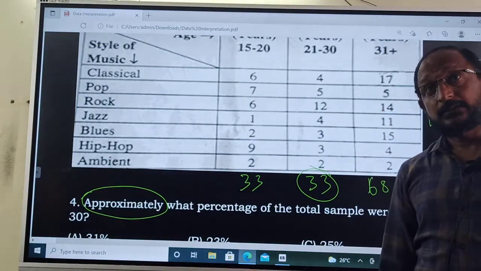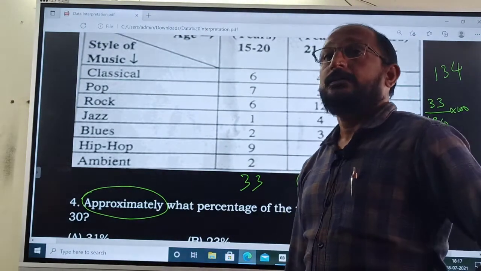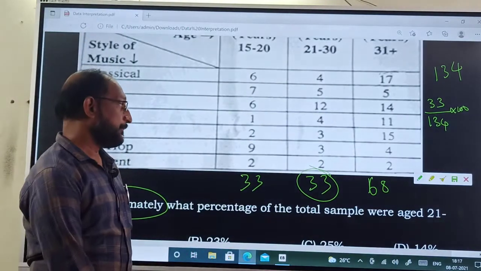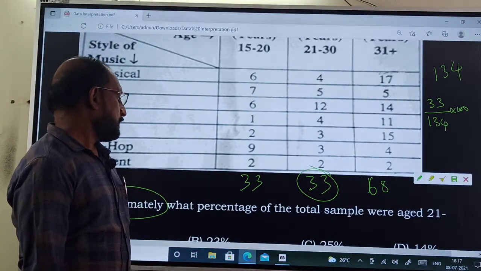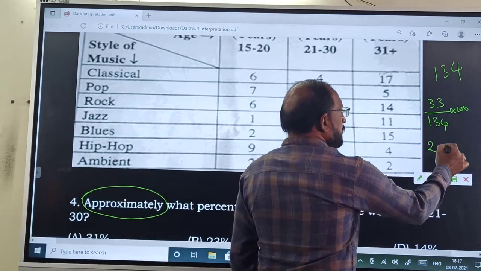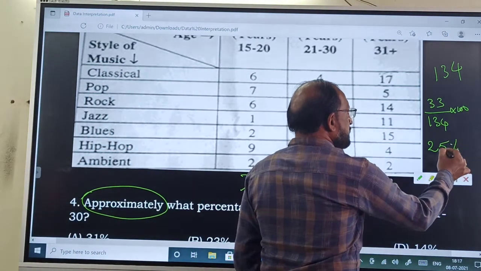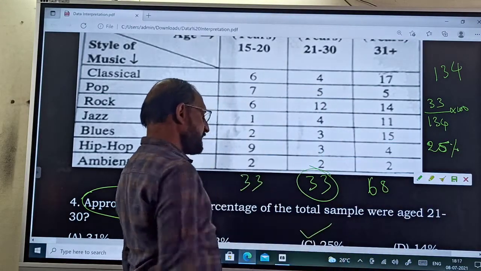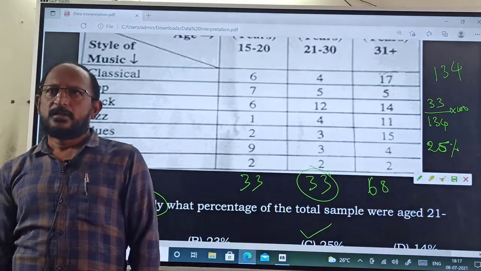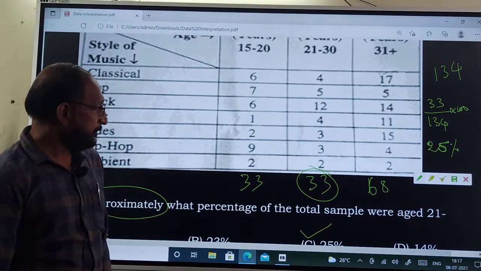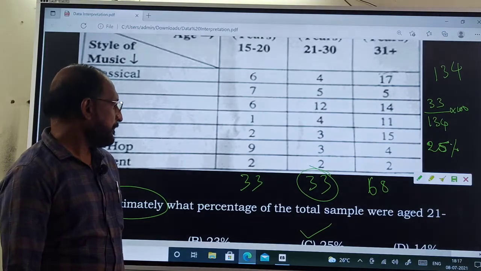25.6. 33 by 134 into 100. So 25% will be, so option C is the correct answer. Approximately, so what's the actual answer?